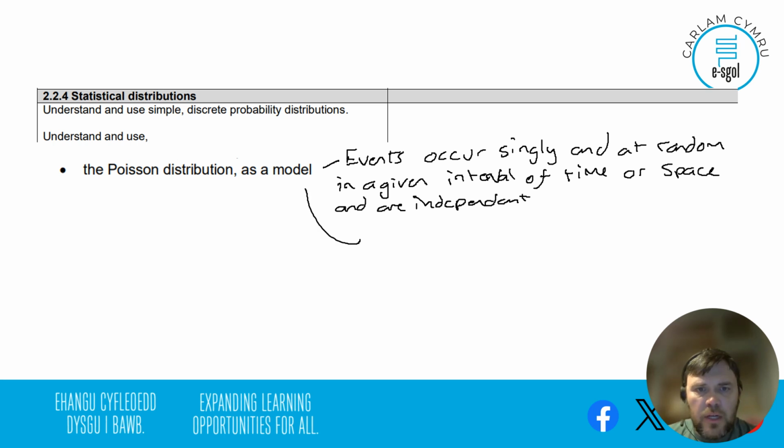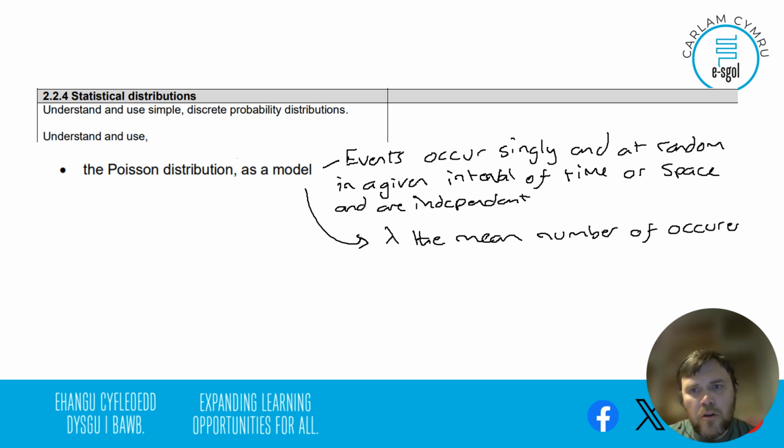Then the next one, lambda is the mean number of occurrences in the given interval. Okay, so those are the two things.